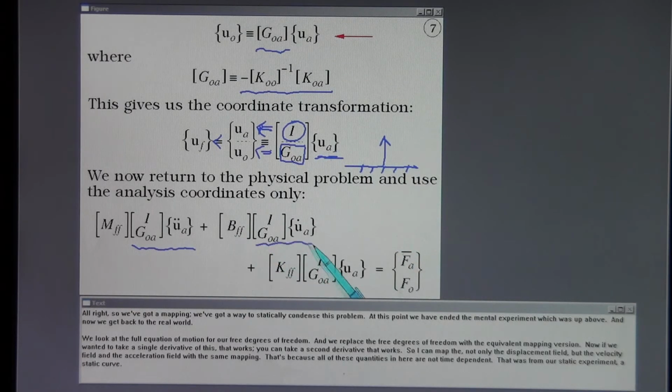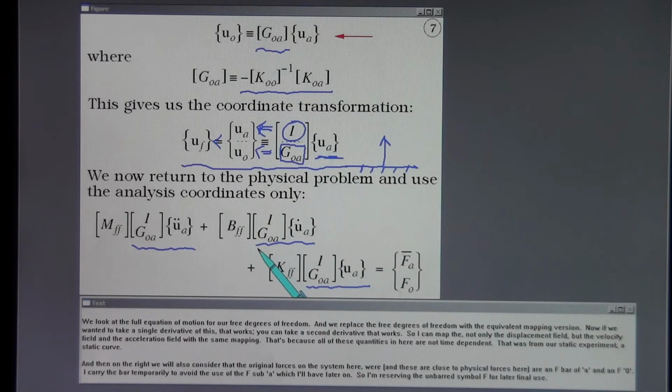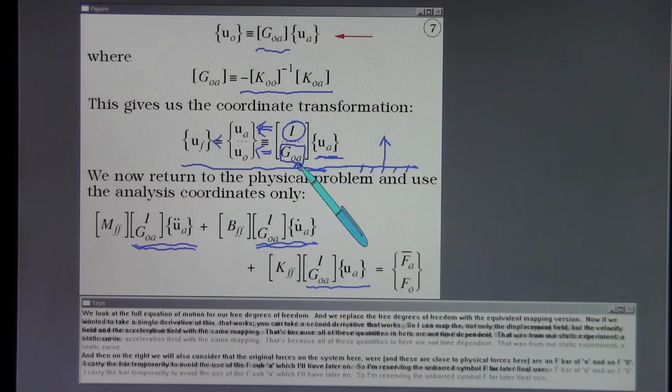Now, if we want to take a single derivative of this, that works. You can take a second derivative, that works. So I can map not only the displacement field, but the velocity field and the acceleration field with the same mapping. That's because all of these quantities in here are not time dependent. That was from our static experiment, a static curve.